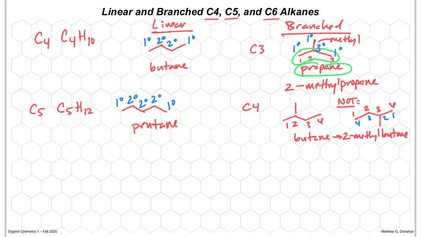So we can shorten the chain one more down to 3 carbons. So that's now propane. Now we have 2 carbons to deal with. Neither of them can go at 1 or 3, so both of them have to go at position 2.